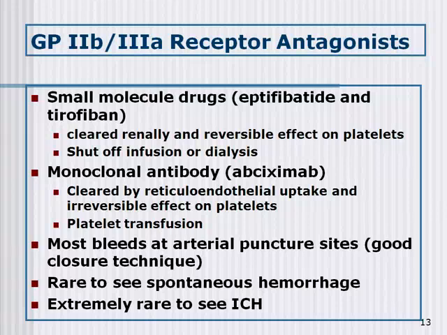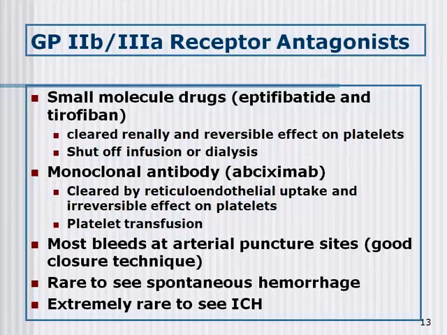I think the thing that has limited ReoPro's use is simply the fact that it's a very expensive product. If you look at the data in terms of PCI, ReoPro clearly is probably the best drug that we have, but the magnitude of its advantage in clinical effectiveness probably is not offset by the fact that it's very, very expensive, and that the effect on platelets is irreversible.